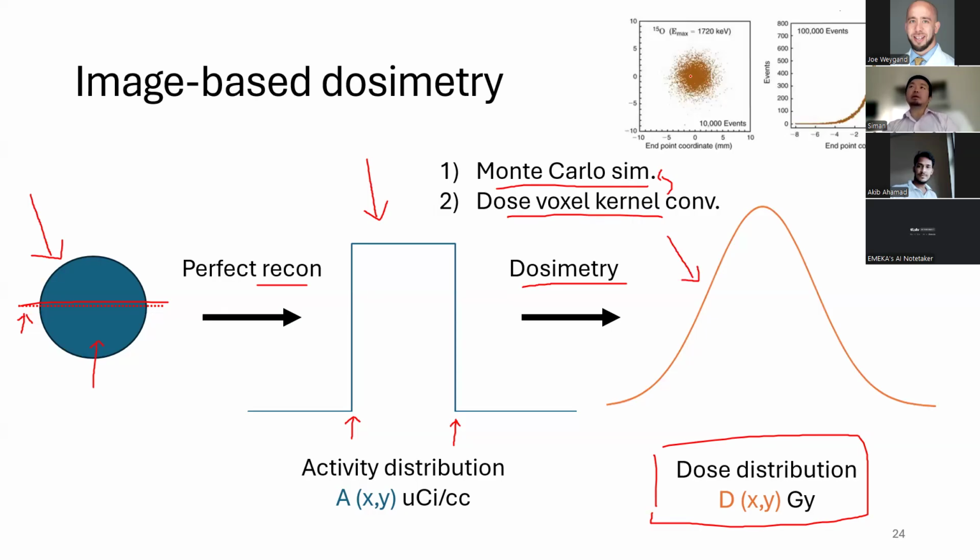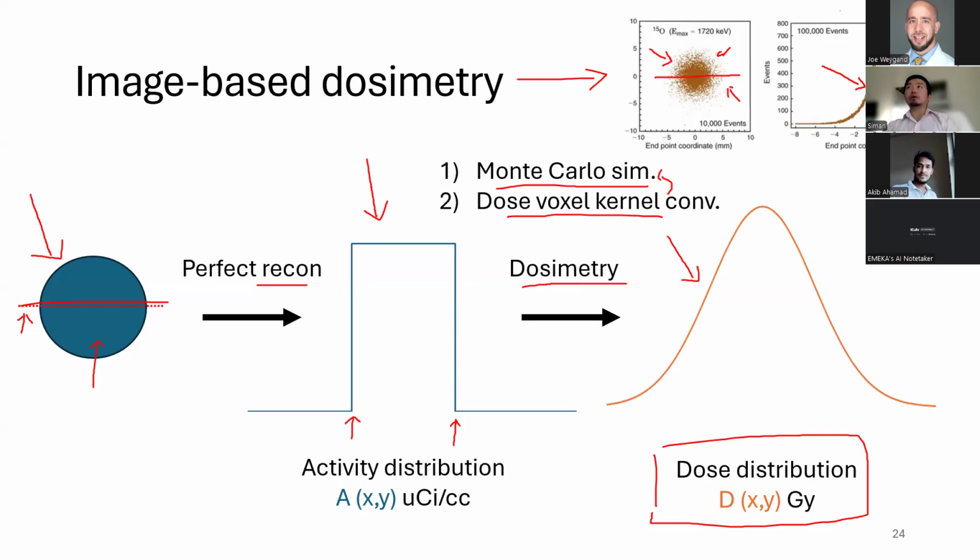The reason is that if you look at the top curve here, this is for positron, but electron behaves the same way. The point of origin is at the center, but you can see energy being deposited toward the edge as well, right? If you draw the line profile across this curve, you get this plot over here.